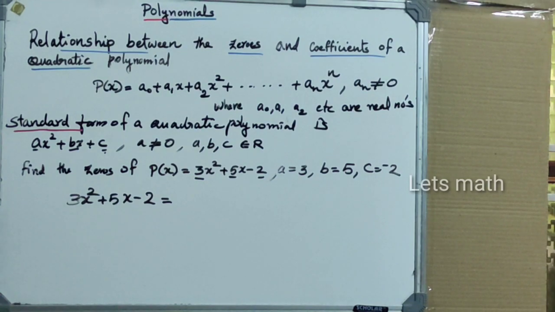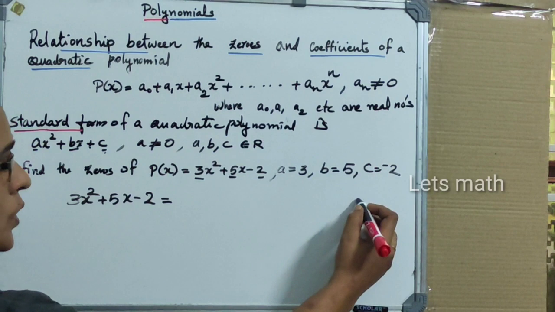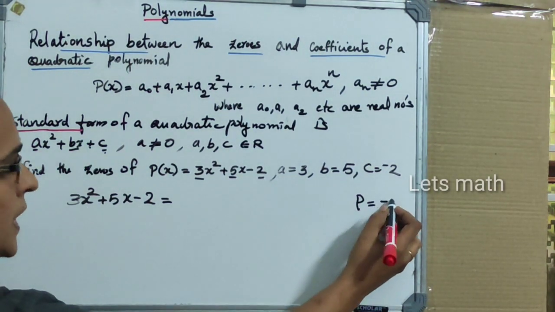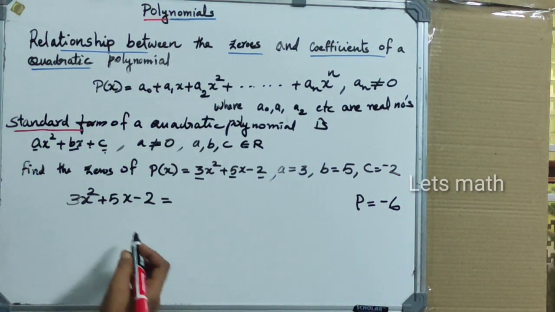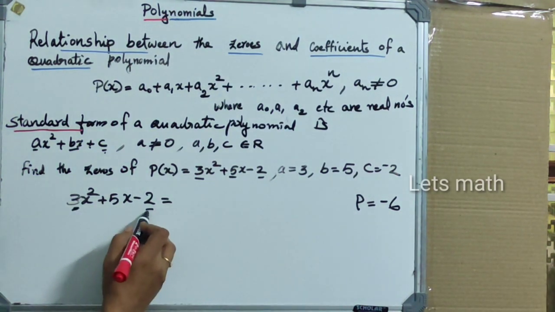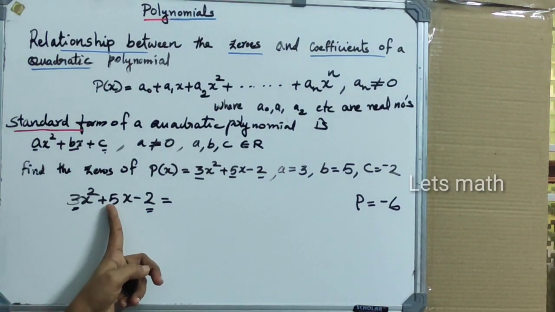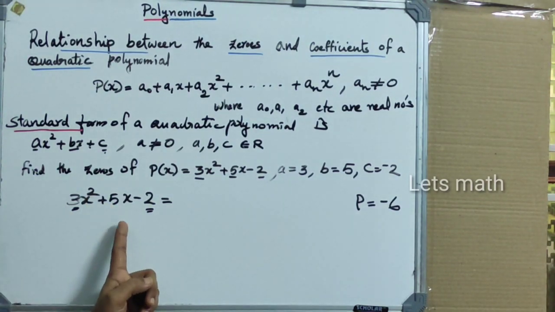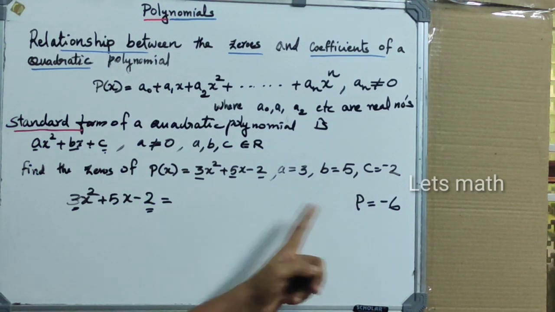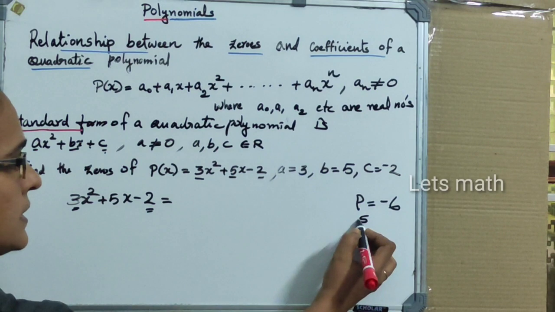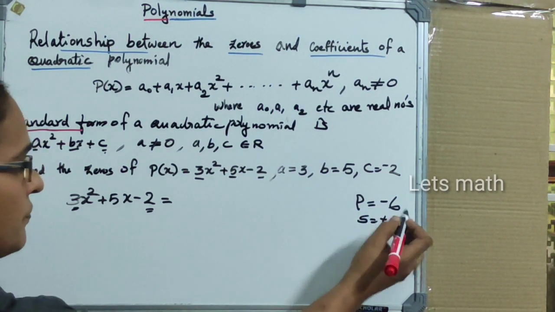We have to think of two numbers whose product is equal to minus 6. From where do we get minus 6? We have to split up the middle term in such a way that we get the product of the two numbers as minus 6 and the sum as positive 5.